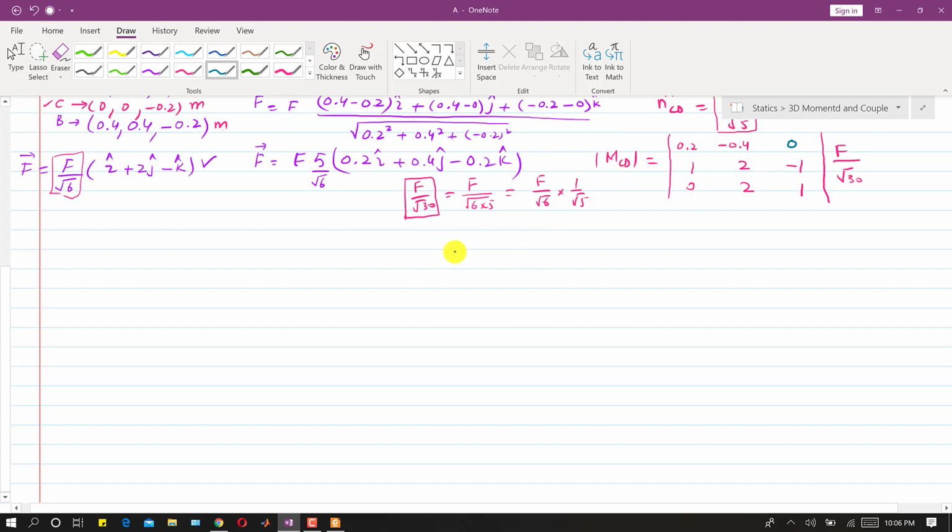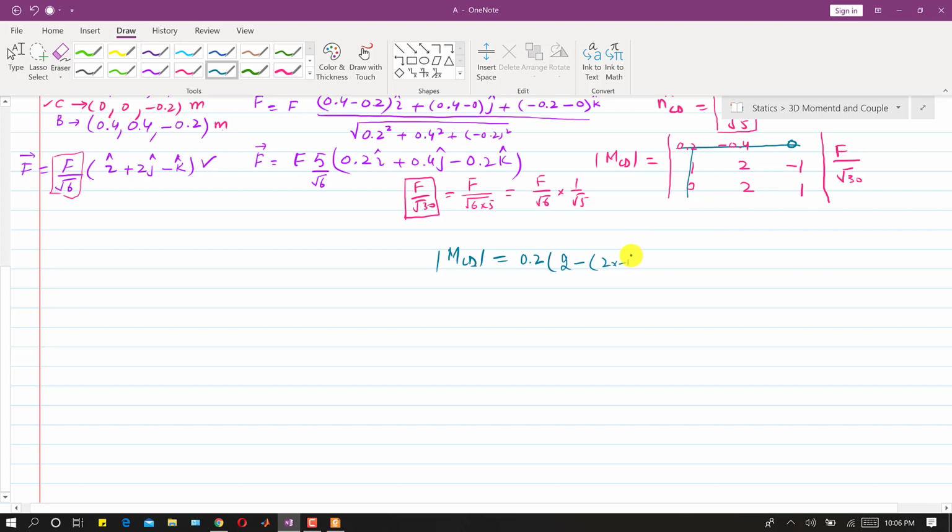To find this M_CD, this will give us a scalar, so it will not be a vector, and there is no I, J and K. So for this I will hide this row and this column, take the determinant, and multiply it with 0.2. This determinant will be 2 into 1 minus 2 into minus 1.